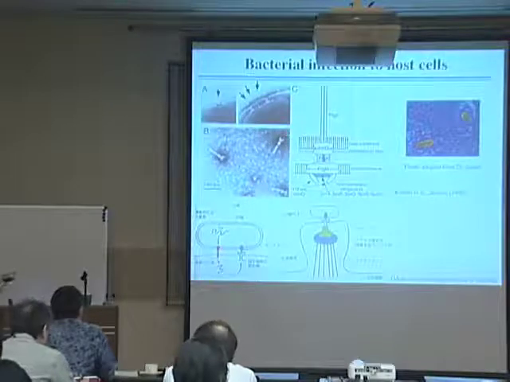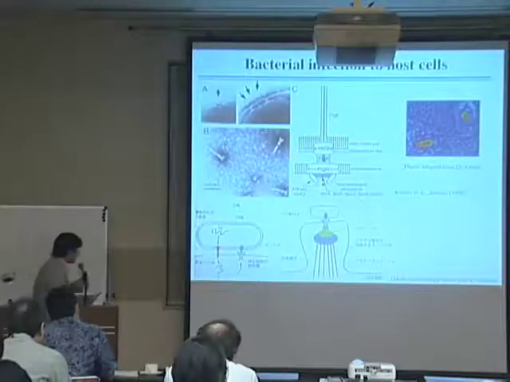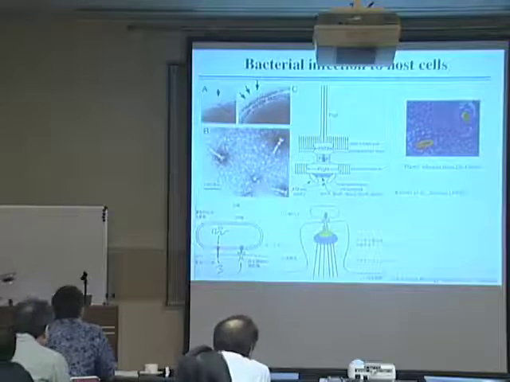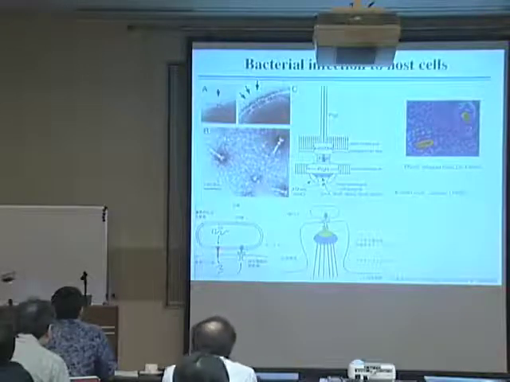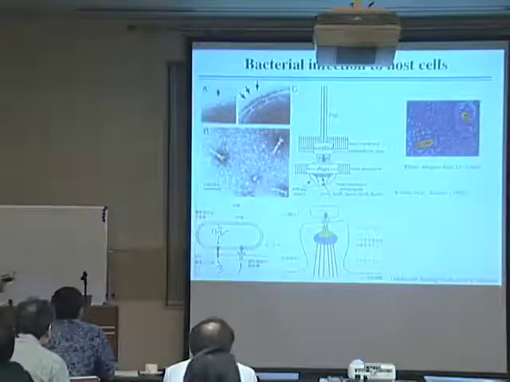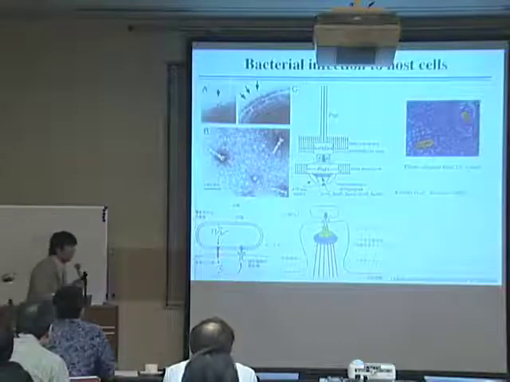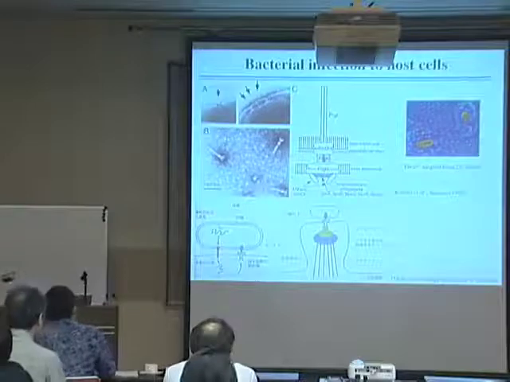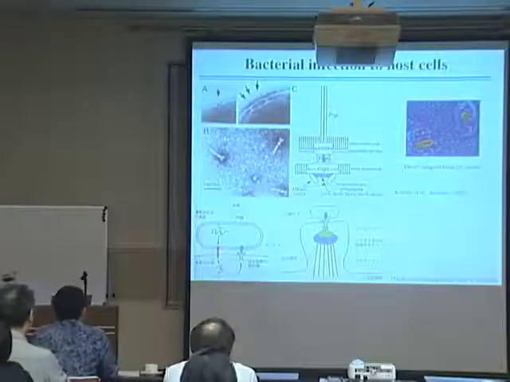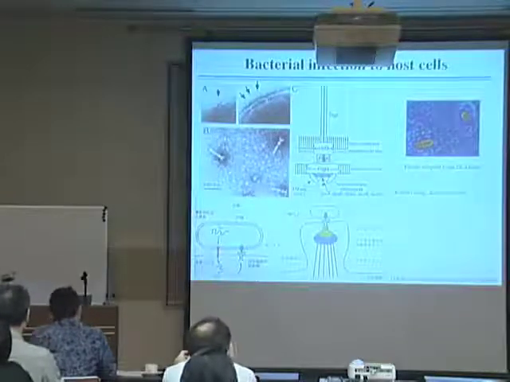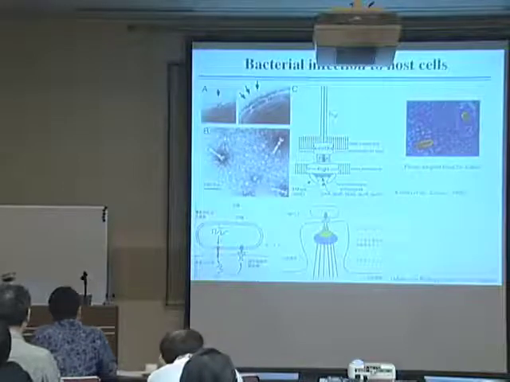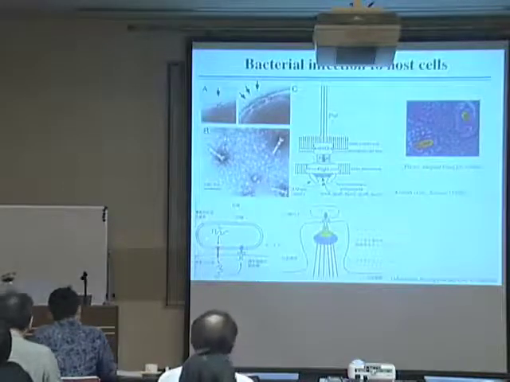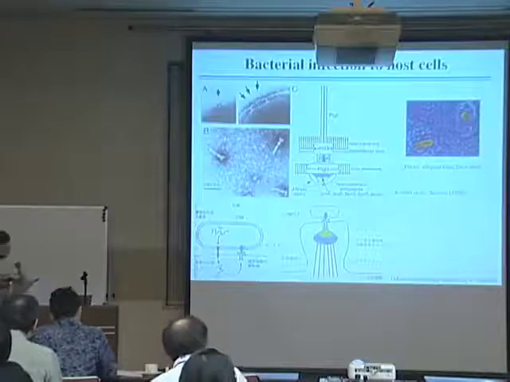This is a so-called injectisome. What is injection? Virulent bacteria utilize this machine to infect their host cells. They synthesize virulence factors in the cell, and these proteins are directly injected into the host cell using this molecular machine.